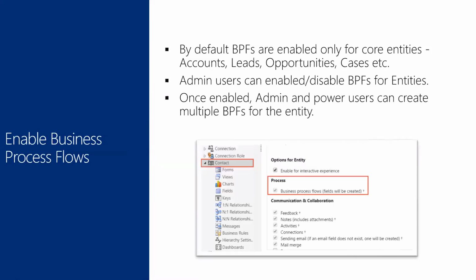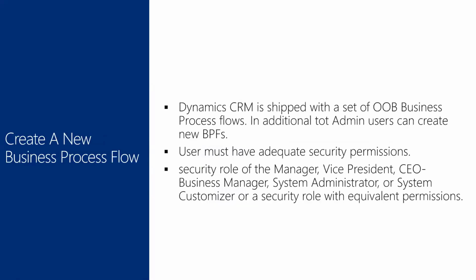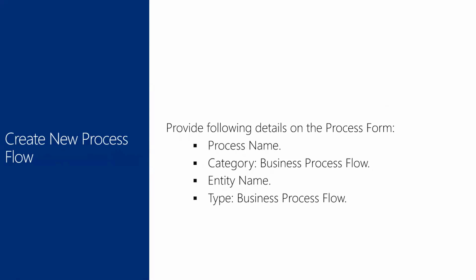Once you have this option enabled, you can create multiple BPFs from your account. BPFs are kind of an out-of-the-box functionality of your CRM system. Any power user like the manager, business CEO, business manager, system admin, or system customizer can create a BPF, just like workflows.